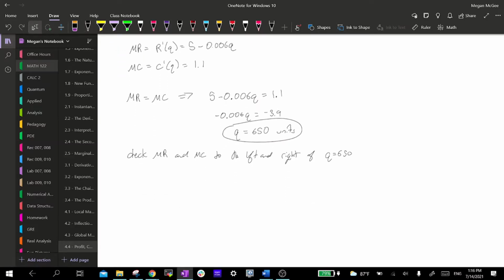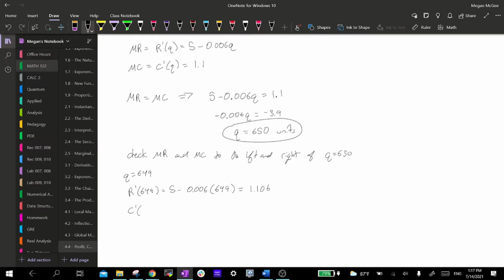Alright, so if we check to the left first, we're going to check q is equal to 649. If we look at the marginal revenue at 649, we get 5 minus 0.006 times 649. Plug this into a calculator, we get 1.106.